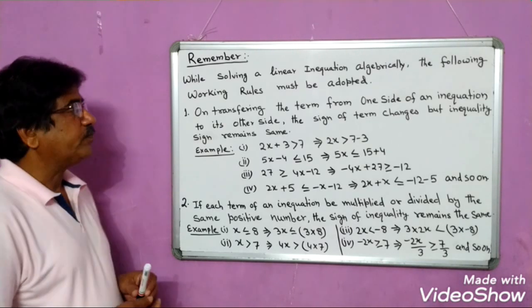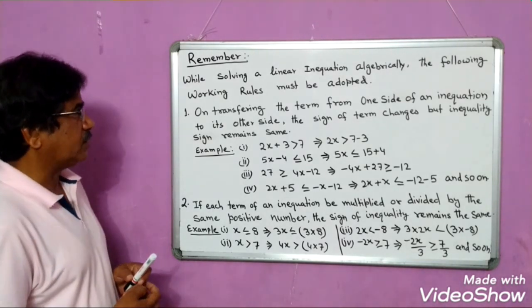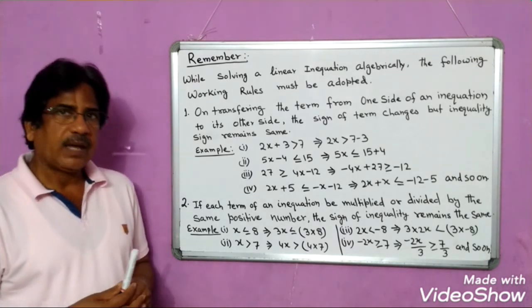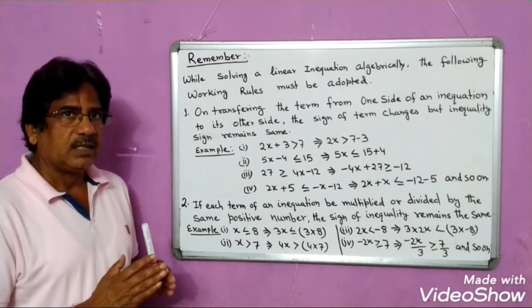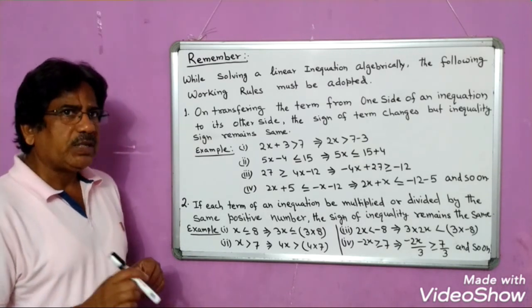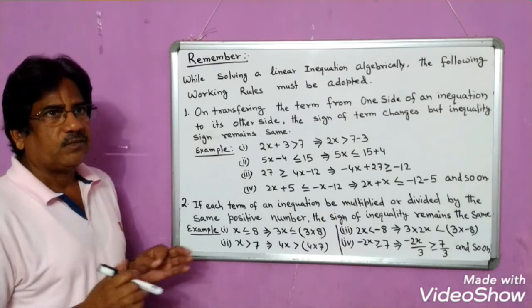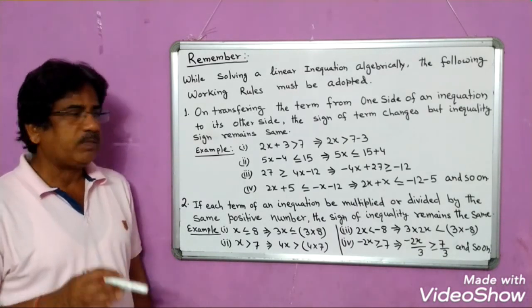So now remember, to work out questions based on linear inequation, there are some working rules which we have to adopt, and we have to keep those rules in mind so that without making any mistake, we can come to the correct solution for the variable x. So let us discuss the rules one by one.